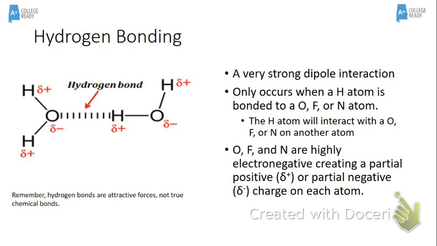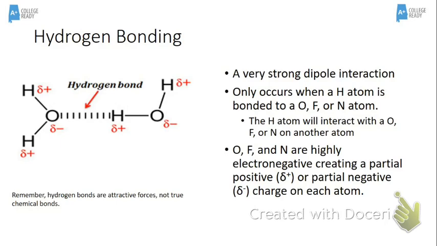So those atoms are highly electronegative. They're some of the highest electronegative values that we have on our electronegativity table. So they create what's called a partial positive charge on the hydrogen. Because hydrogen only has one electron, it exposes that proton on the other side, which will make that end slightly positive.